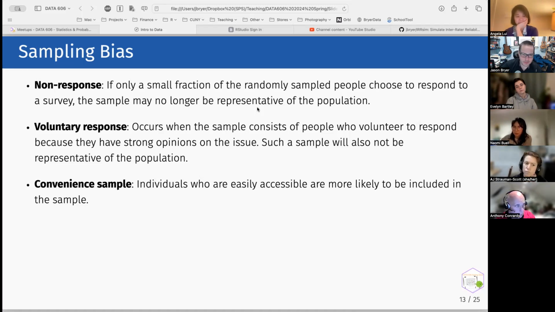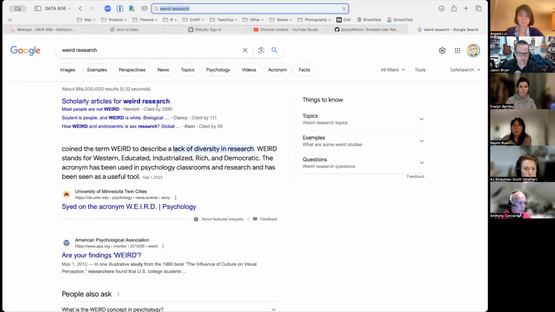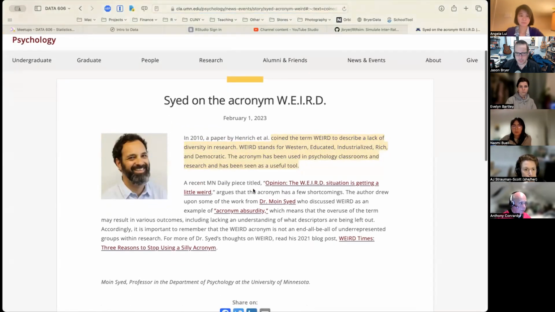The other is convenience sampling. And this has been a major criticism of psychological research as we go through. There's this weird acronym, WEIRD. What does it stand for?